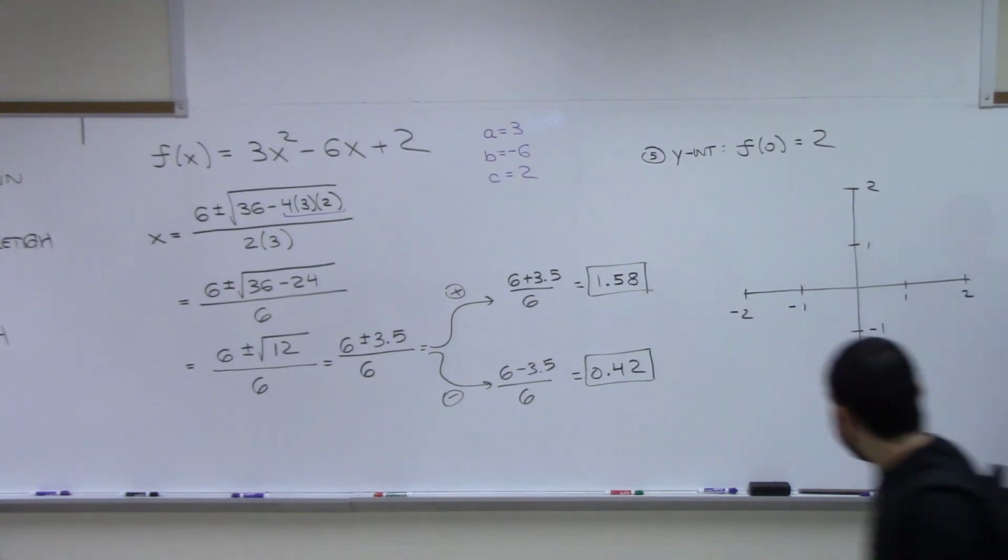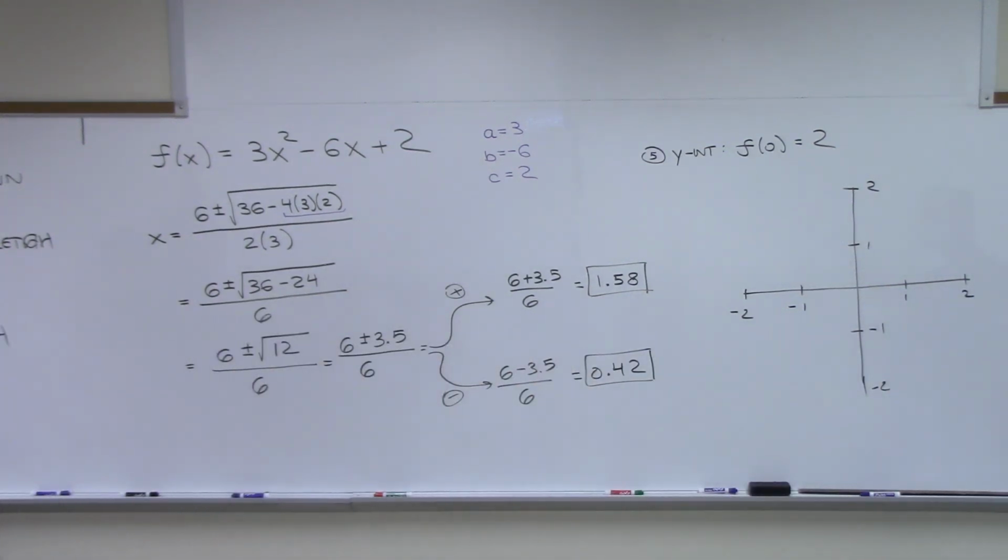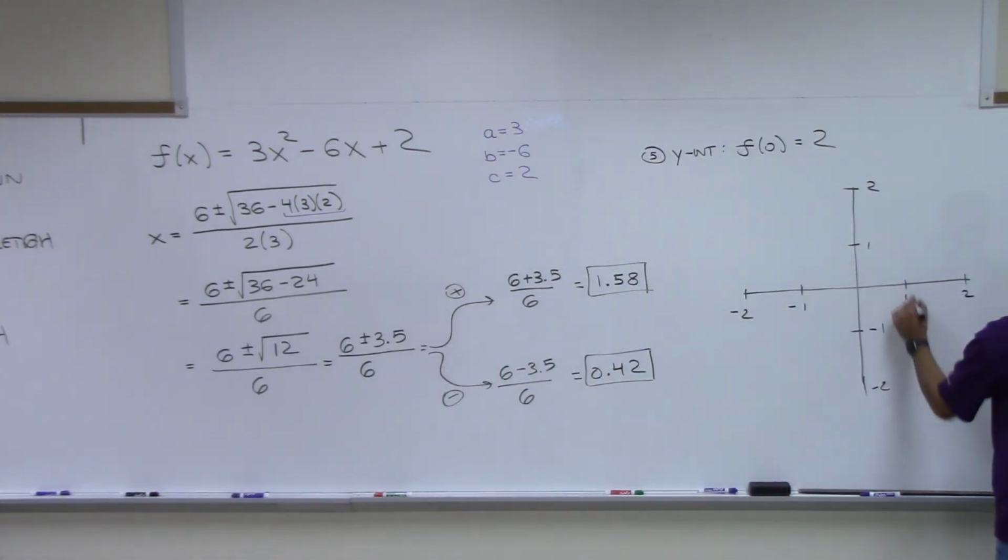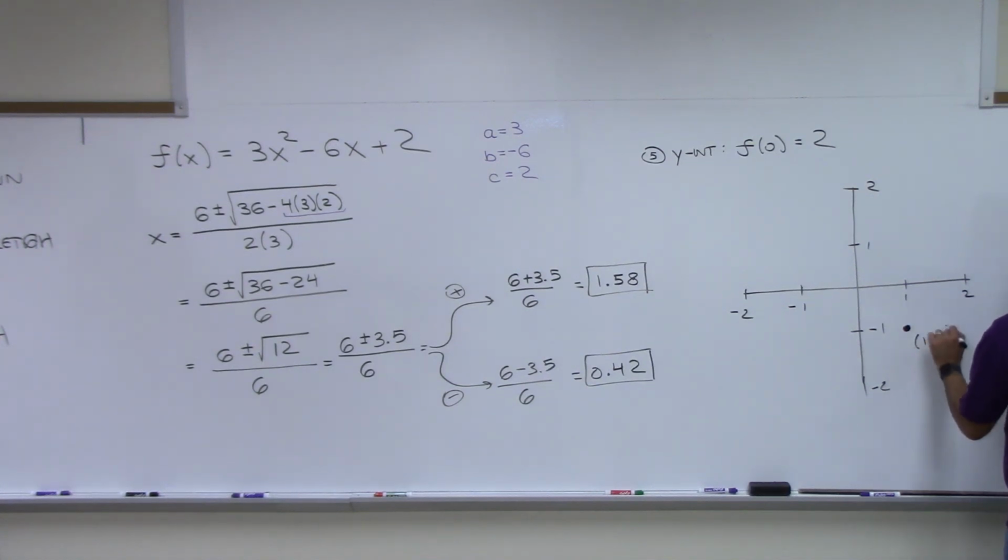My vertex was 1, -1. My x-intercepts were 1.58, which is a little more than halfway between 1 and 2. And then my other one is 0.42, which is not quite halfway. And then I have a y-intercept of 2 like this.